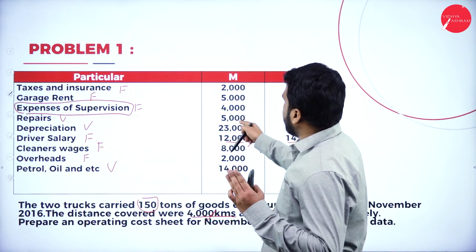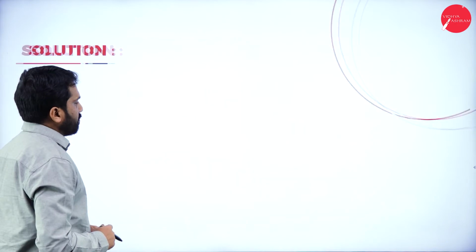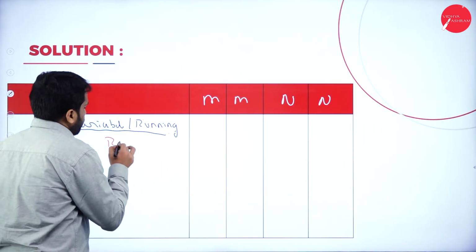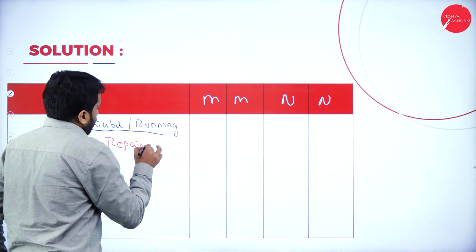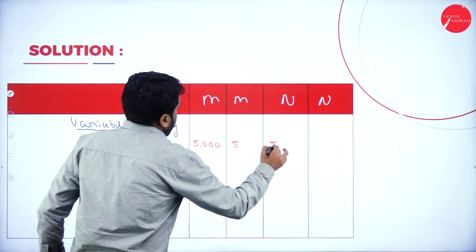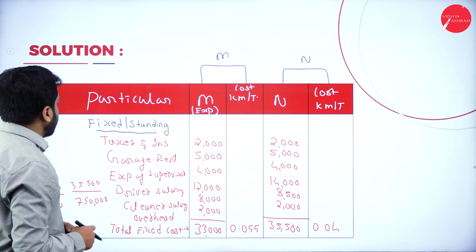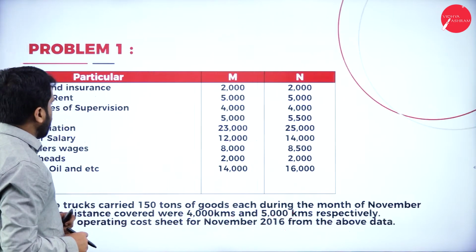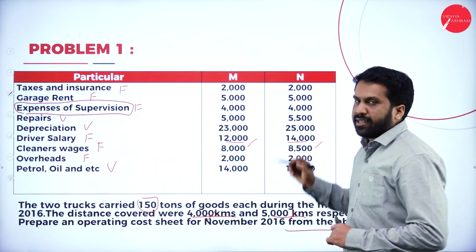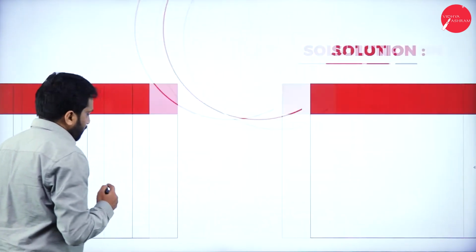First one, repairs 5,000 and 5,500. After repairs, next one is depreciation, 23,000 and 25,000.